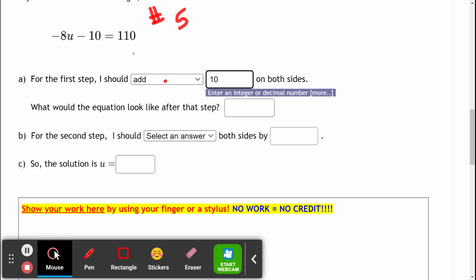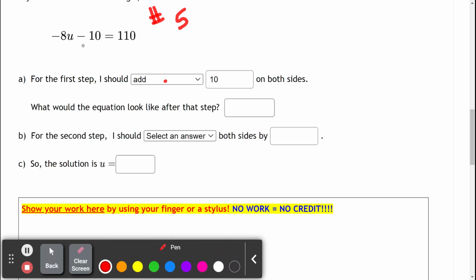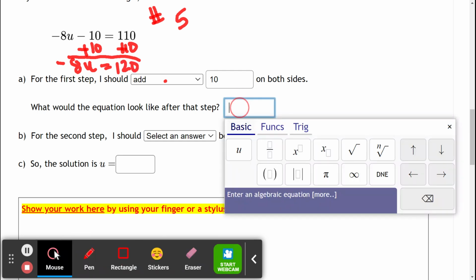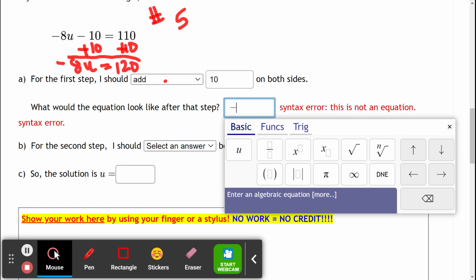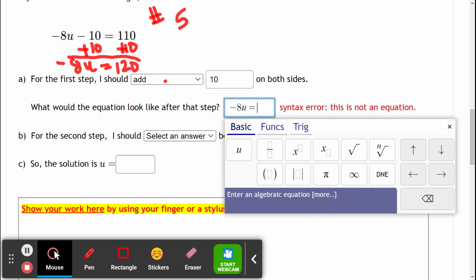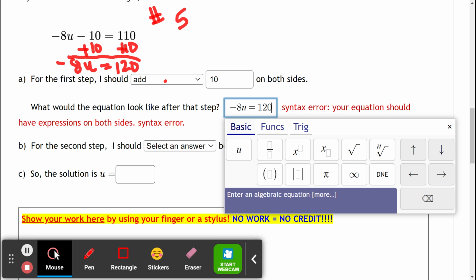What would the equation look like after? Well, if I add 10 to both sides, then that would be negative 8u equals 120. So this is negative 8u equals 120.